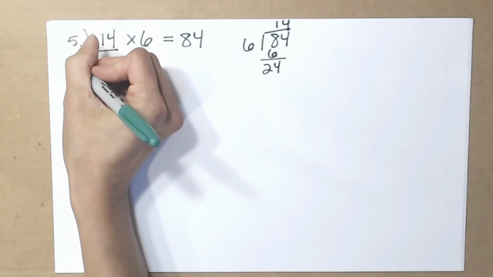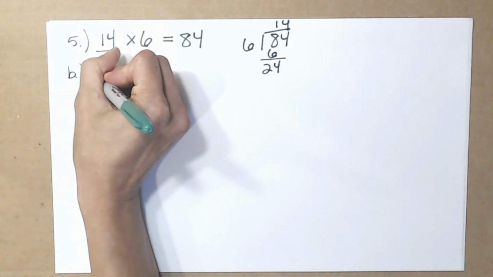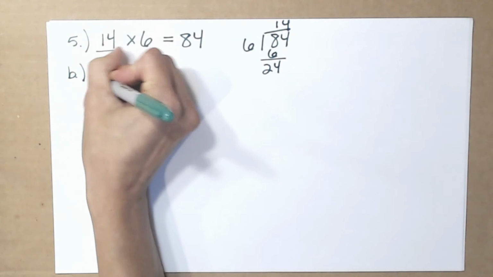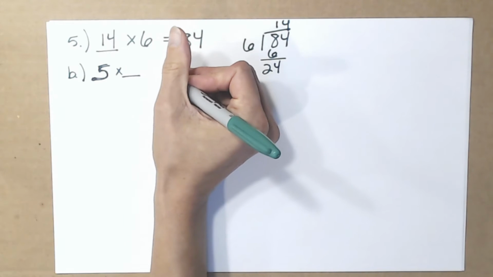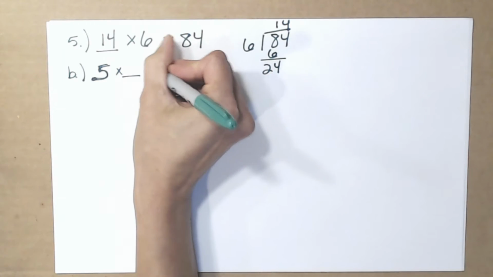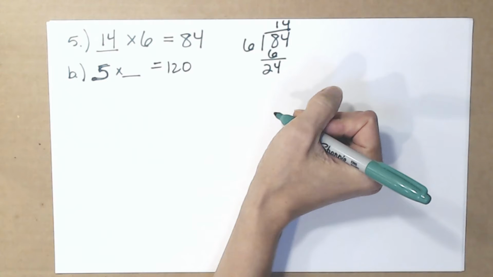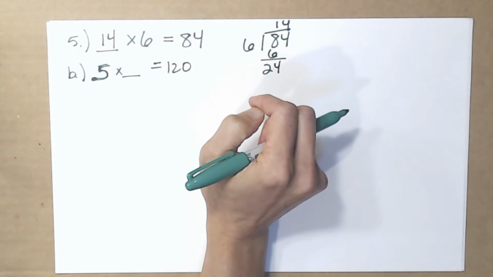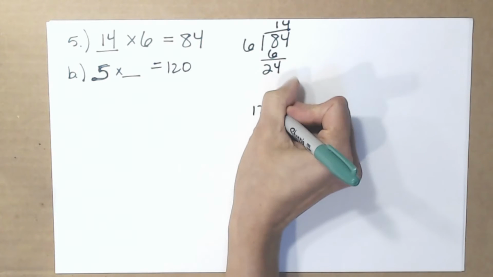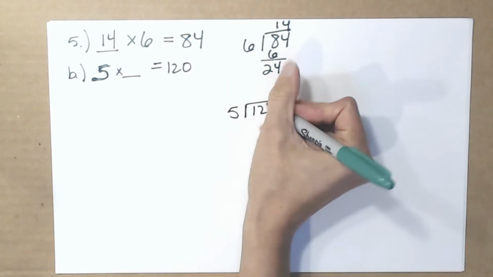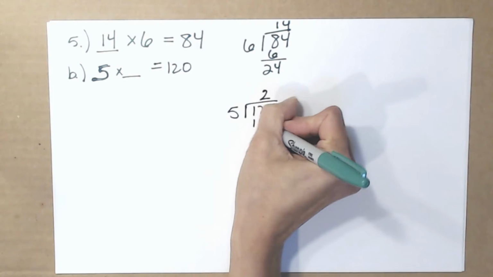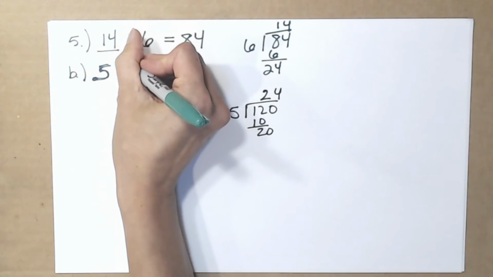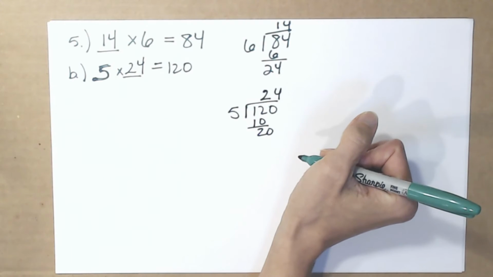Let's do B. 5 times something is 120. Okay, so we want to take 120 and divide by 5 to figure out what that is. So 120 divided by 5, and you get 24.